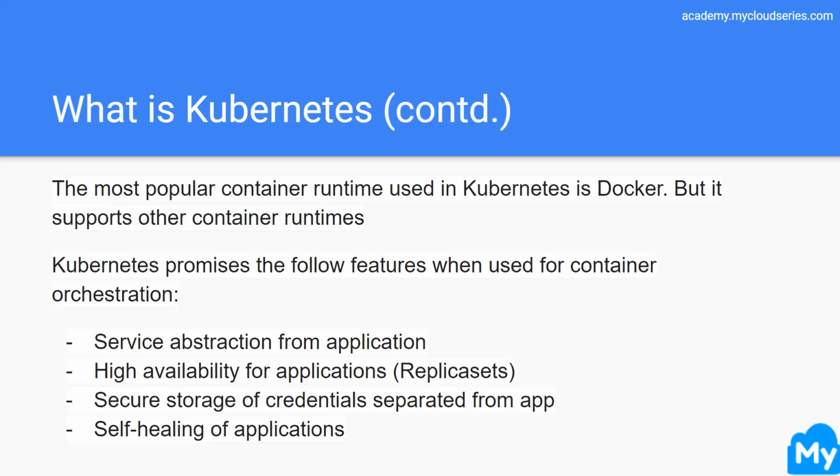But for that of Kubernetes, Docker is very good because when you make a replica, it's going to actually distribute across the nodes in that cluster instead of having to create a fresh VM for that application. And when anything happens to one of the containers, the other one can still receive traffic and people can still use it. The next is secure storage of credentials separated from the app.